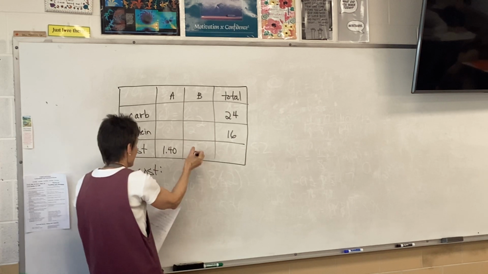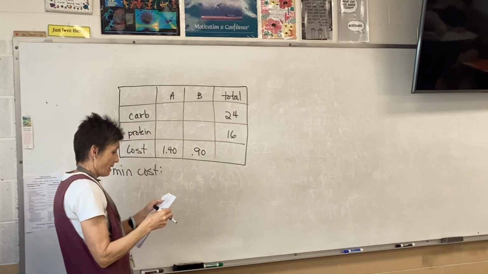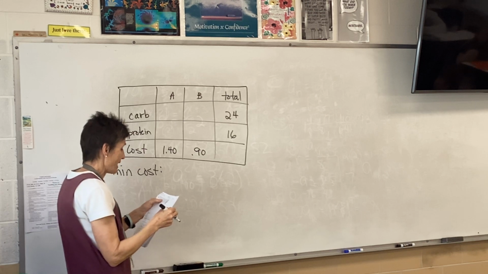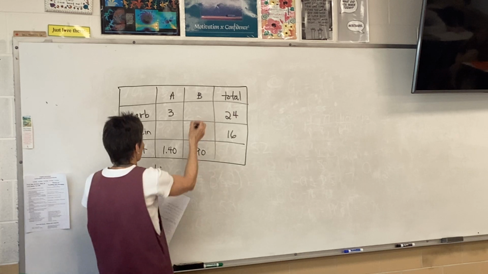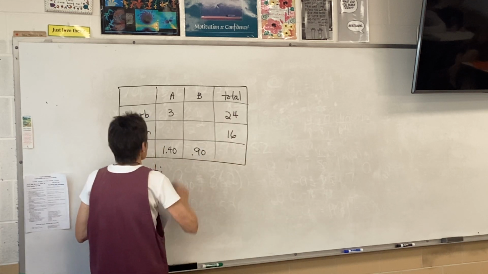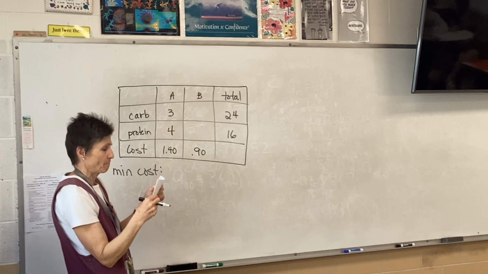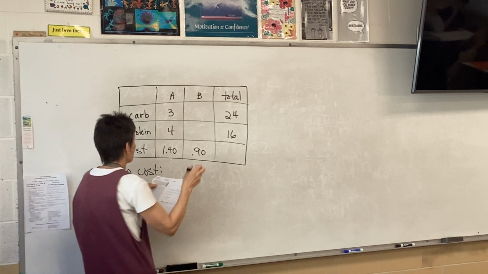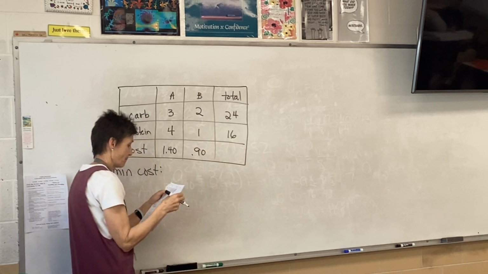And B is 90. Oh wait, $1.40, and each unit of A contains 3 carbohydrates and 4 protein. Oops. Each unit of A is 3 carbohydrates and 4 proteins. Does that make sense? And B has 2 carbohydrates and 1 protein.